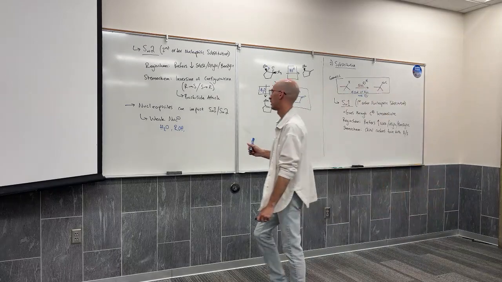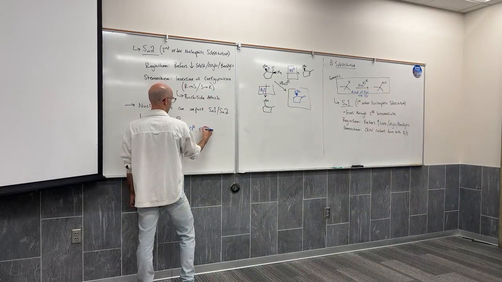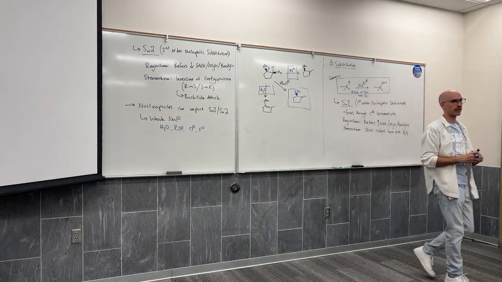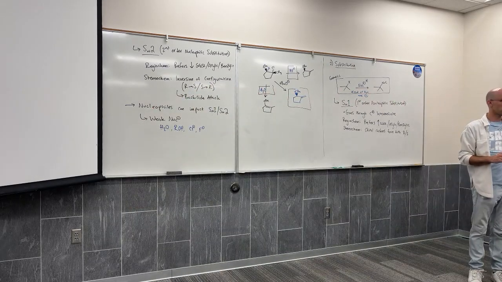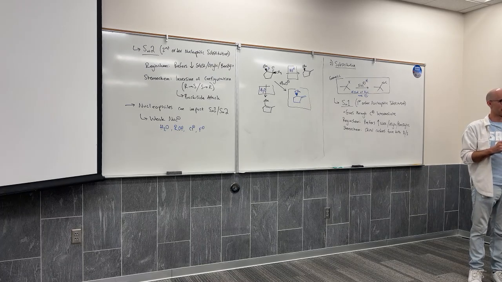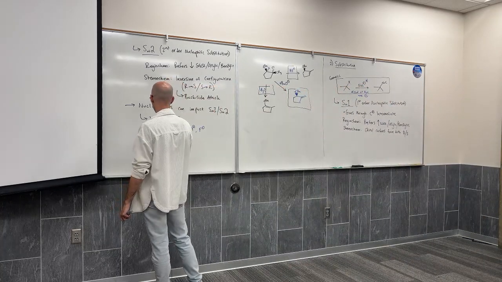Also, some halogens, like chloride and fluoride, are considered weak nucleophiles. Bromide and iodide are considered strong. Then we have strong nucleophiles.